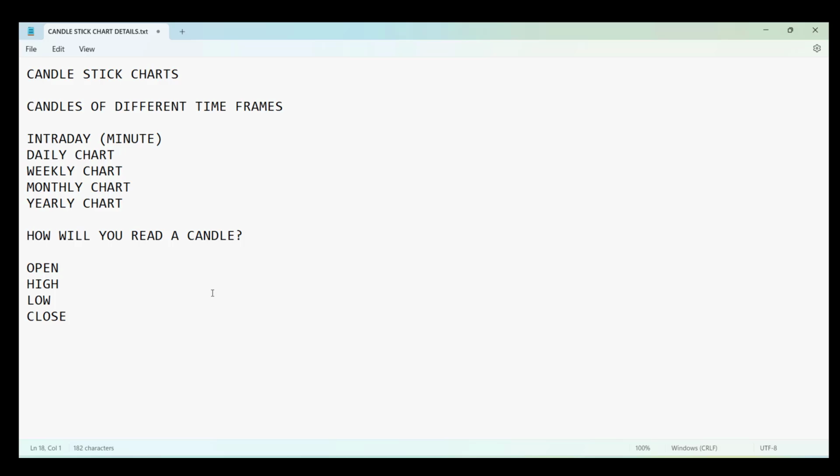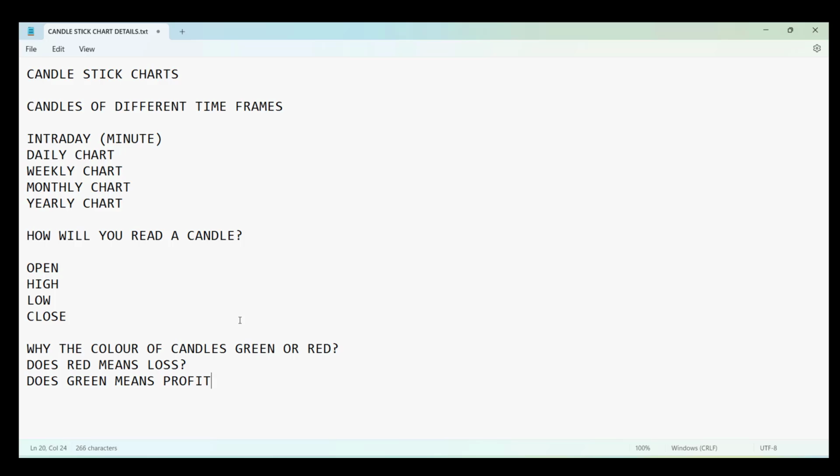Now there is one more question: why is the color of candles green or red? Does red mean loss or does green mean profit?